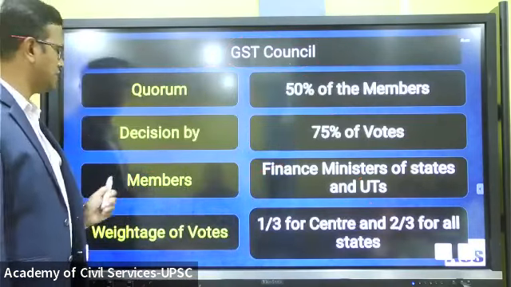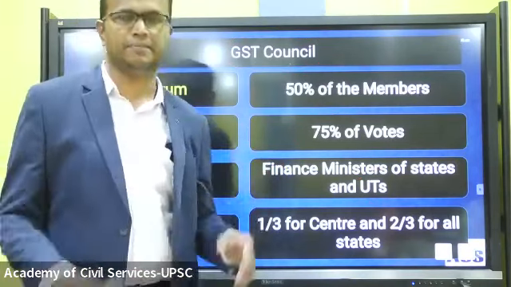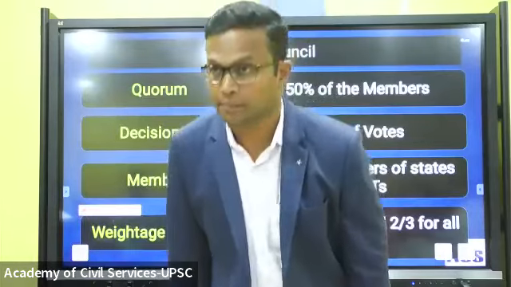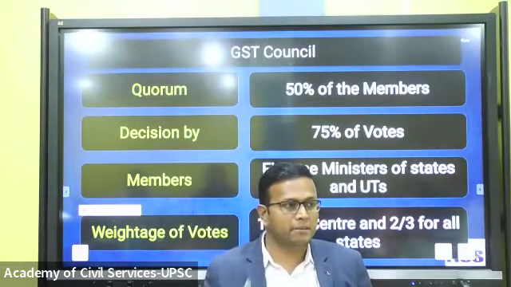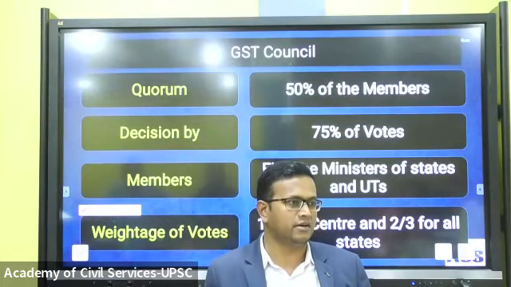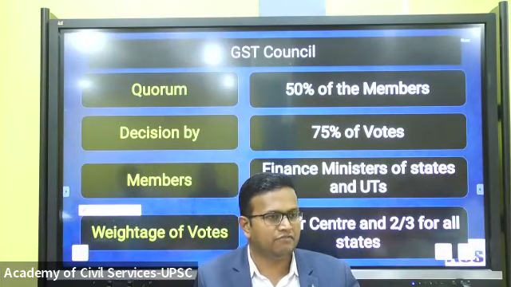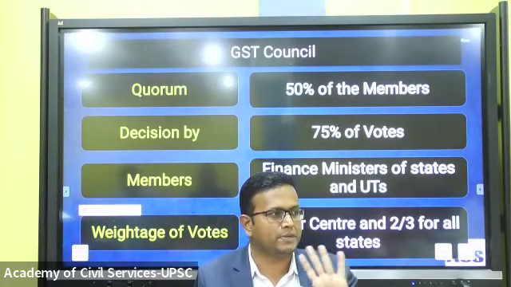Now, how is a decision taken in the GST Council? First thing, the quorum. Quorum means the minimum number of attendees required for having a meeting, not to decide. To have a meeting, minimum 50% of the members should be present.